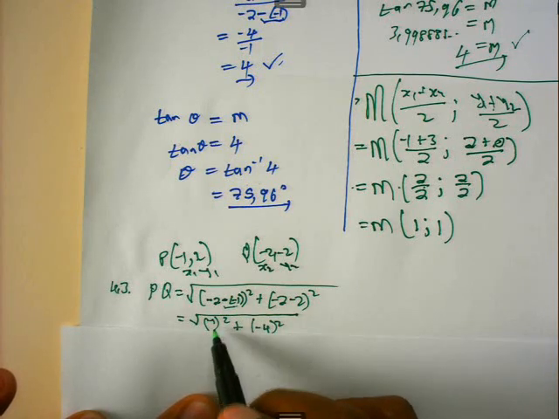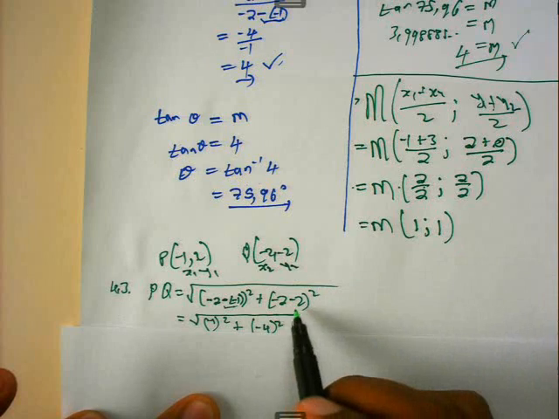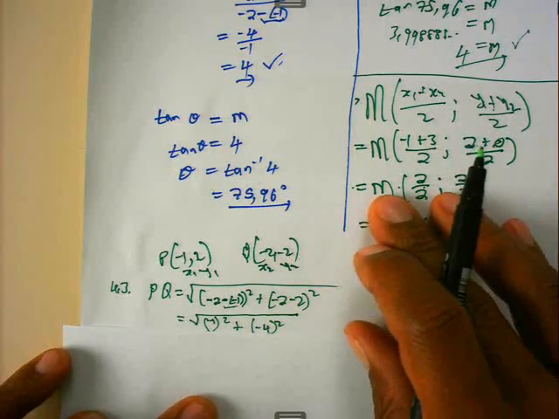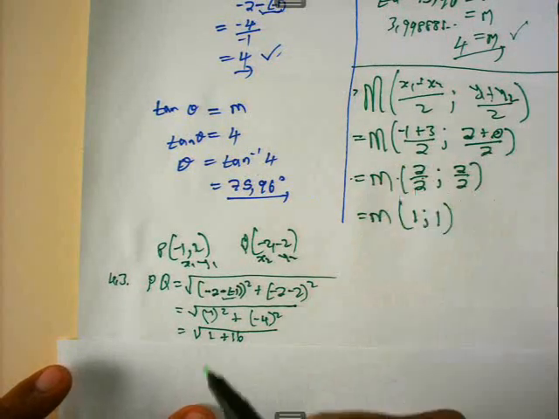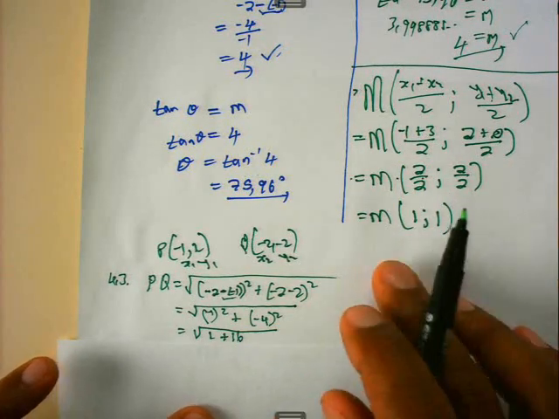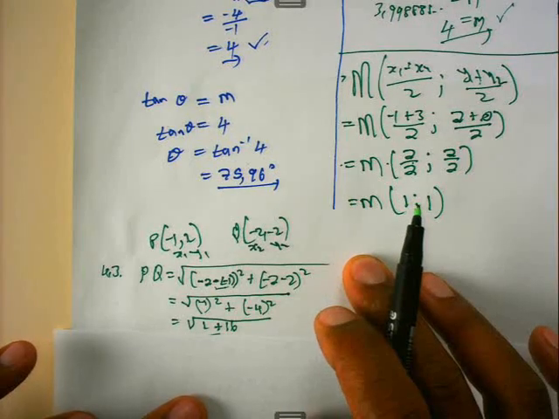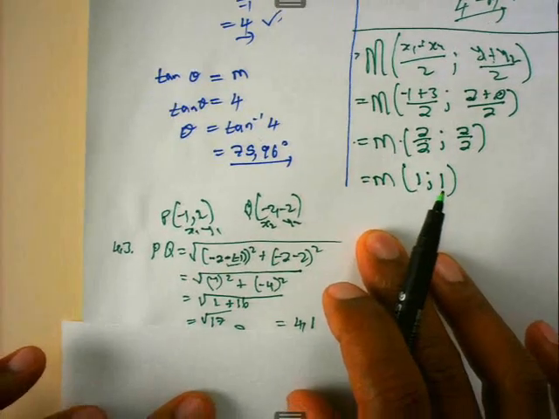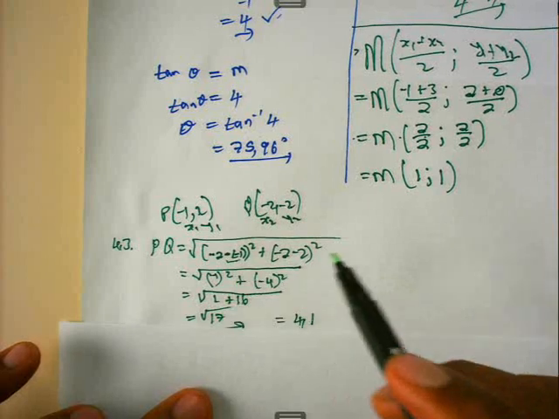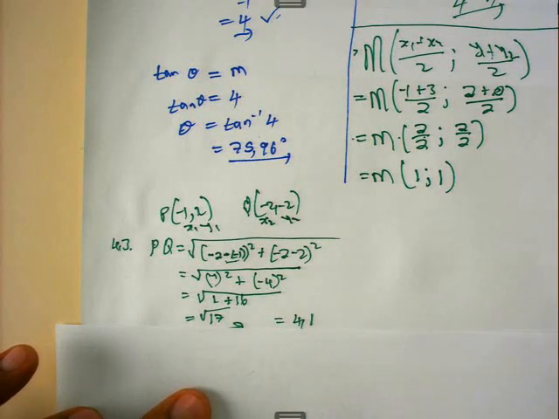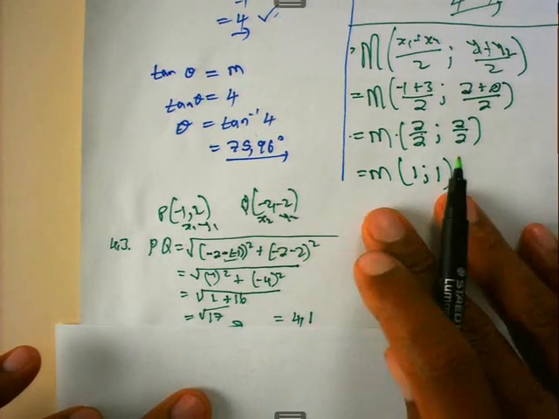Therefore, we have a negative 1 squared there. The same applies on this side. Minus 2 minus 2 is a negative 4. Right, of course, negative 1 squared is a positive 1, and negative 4 squared is a positive 16. When you add the 2, you get the square root of 17, which is more or less 4 comma what? 4 comma 1.